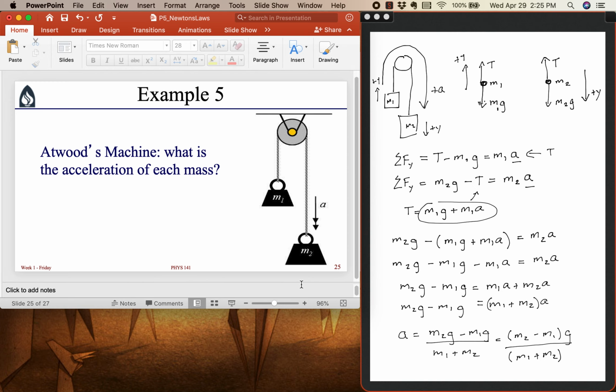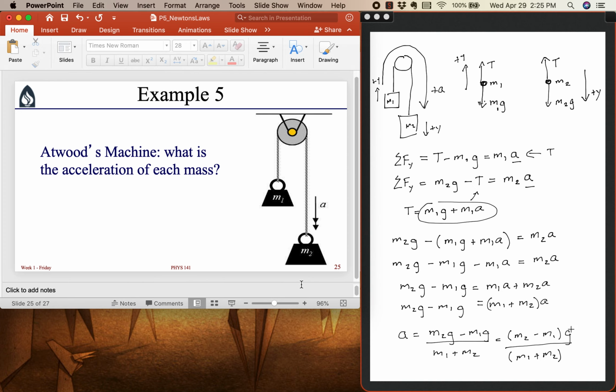Now, if I look at this expression, I should try to figure out if it makes sense, given the physical situation that I have. So imagine that indeed M2 is bigger than M1, so maybe M2 is 10 kilograms and M1 is only 5 kilograms. If M2 is 10 kilograms and M1 is 5, then M2 minus M1 is positive.